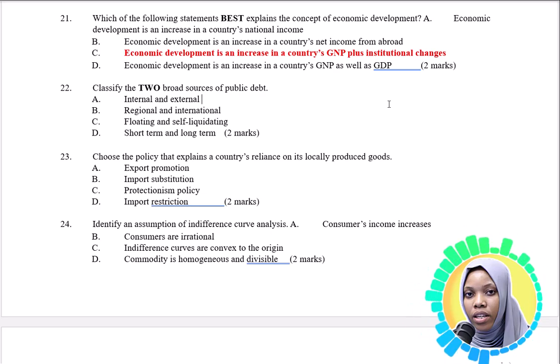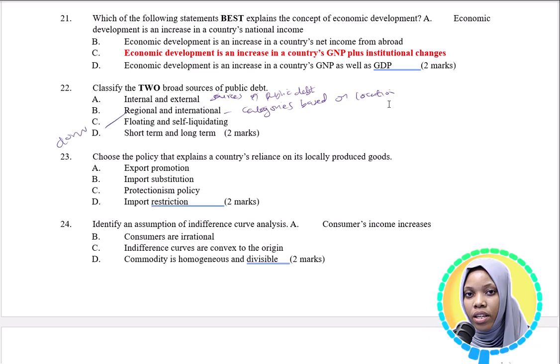So internal and external, these are the sources. Regional and international, you can say these are categories based on the question. These are domestic, regional and domestic, and these are foreign. International is foreign.